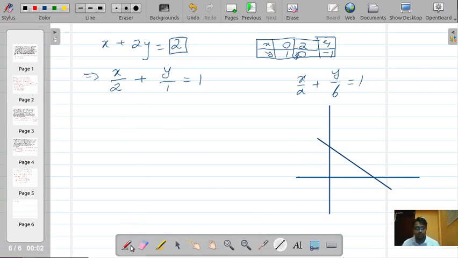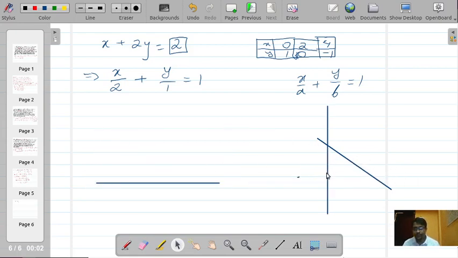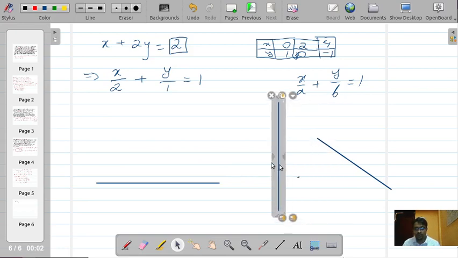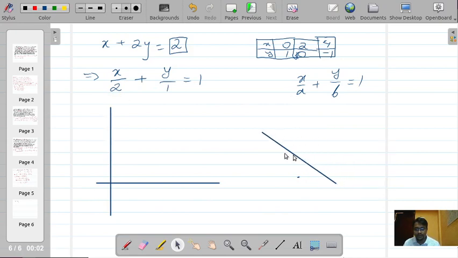Oh, sorry, I have to shift it here, otherwise you will not be able to see. These are the axes and you need to plot. Suppose I have plotted it somewhere here.